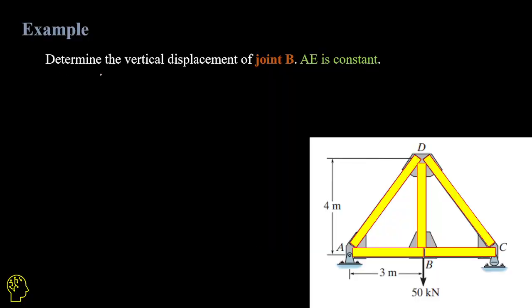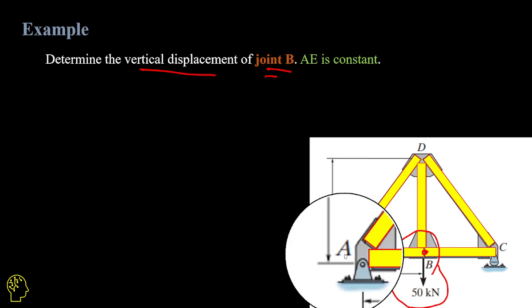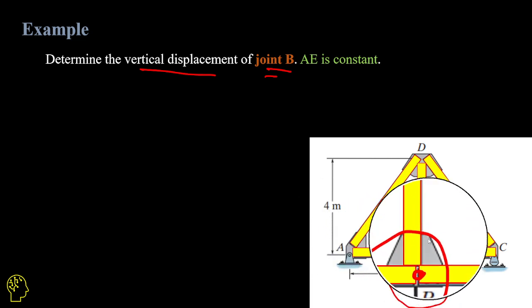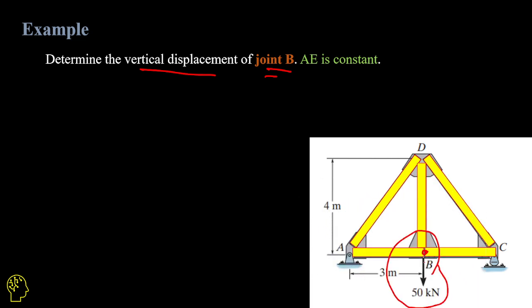So we want to determine the vertical displacement of joint B, which is here, due to the 50 kip vertical load, which is applied at the same location. So in the entire structure, there is only one load. We calculate the deflection in the direction of the force.